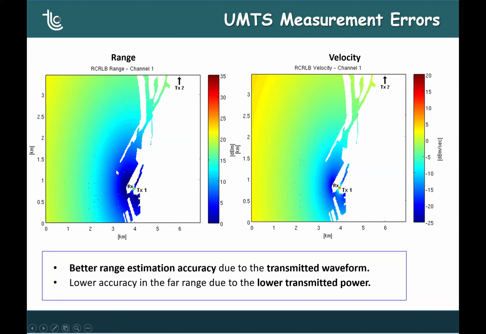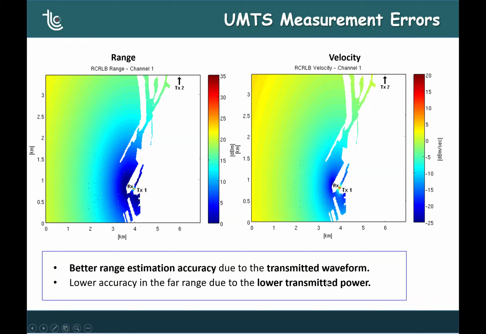Of course, when we are close to the coast, so close to the receiver or close to this transmitter, the estimation is good because we have a good range estimation.